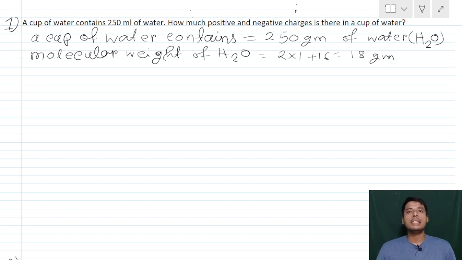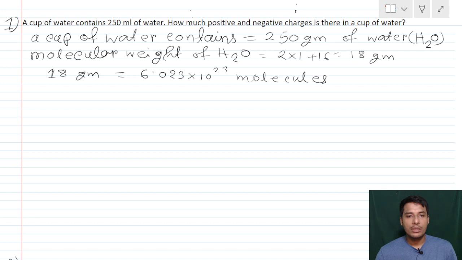Okay, so that means inside the 18 gram, Avogadro number of molecules are present. So we can write that 18 gram equals Avogadro number, that is 6.023 into 10 to the power 23 molecules are present. So in the question, 250 gram is given, so we can use the unitary rule.